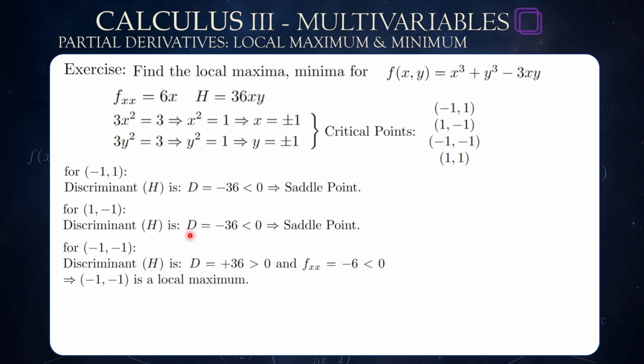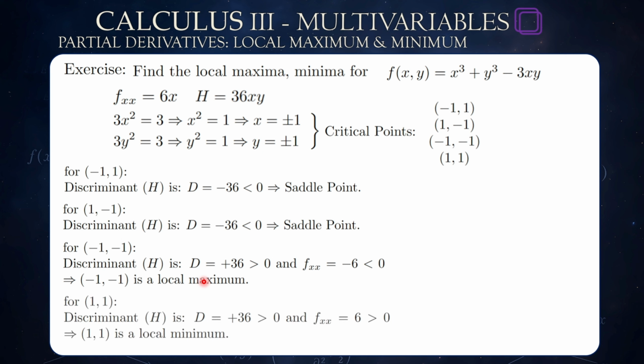For (-1, -1), D equals plus 36 greater than 0, and fxx is equal to minus 6, which is less than 0, so (-1, -1) is a local maximum. As for (1, 1), the discriminant D is equal to plus 36 greater than 0, and fxx is greater than 0, then (1, 1) is a local minimum.